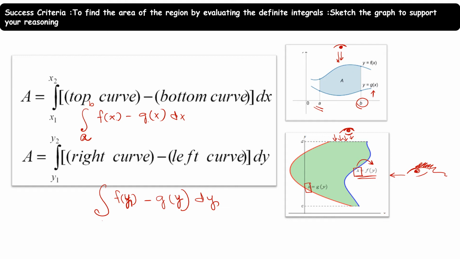Normally students make the mistake of writing dy but taking the x values. So make sure you take the y values as your upper and lower limits. The lower y value is named c, and the upper one is d. So these are the two formulas through which we will integrate to find the area of the shaded region.